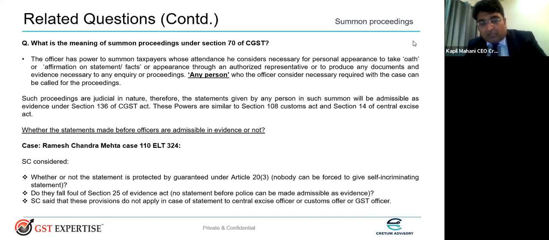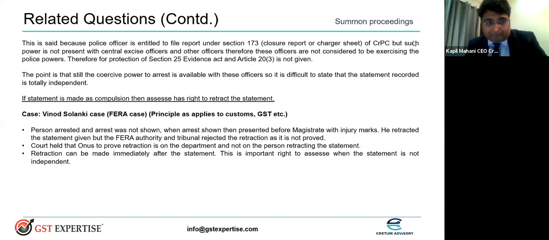So in such a scenario, they do not have the exclusivity which is there under the CRPC, which is not applicable under the GST, wherein even if a statement has been given, if it satisfies the condition of section 136, then that statement can be used as evidence against any person against whom that statement was issued.